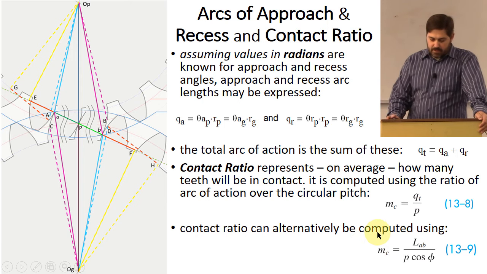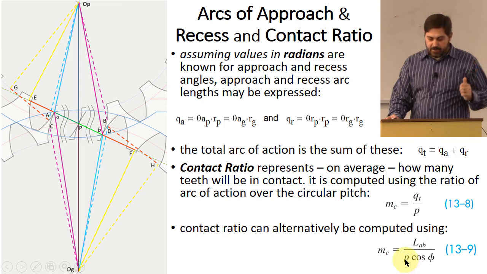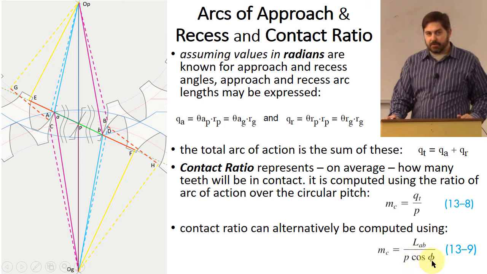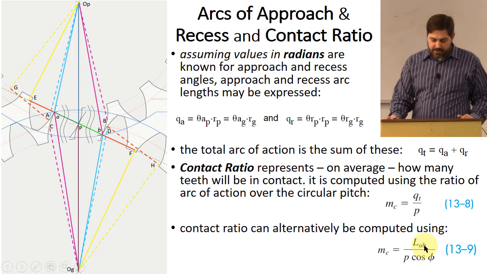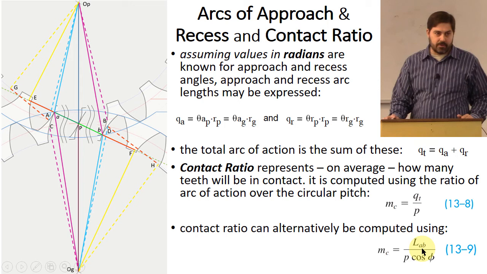In the textbook, it gives you an alternate formula for this contact ratio based on the length of the line of action, LAB. We looked earlier at how you could find that length as the sum of the two component lengths, and divide it by the circular pitch multiplied by the cosine of the pressure angle. Basically what's going on there is you are converting from length along the pitch circle arc to length along the base circle arc.